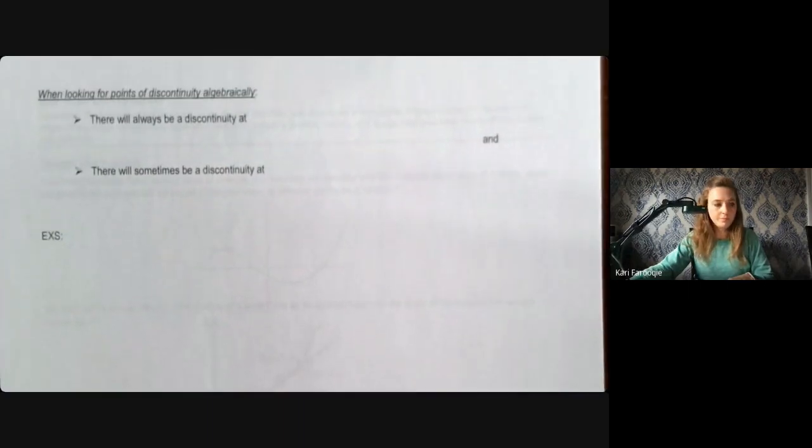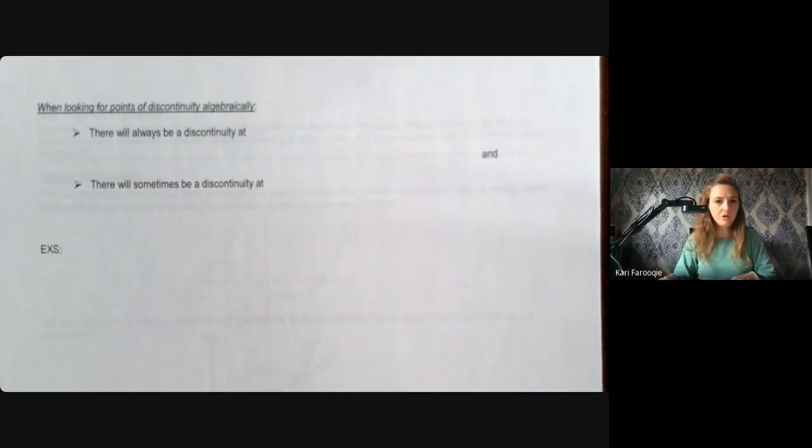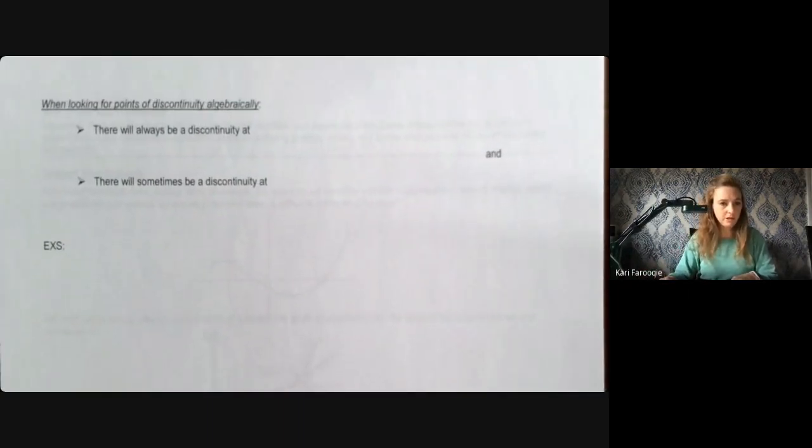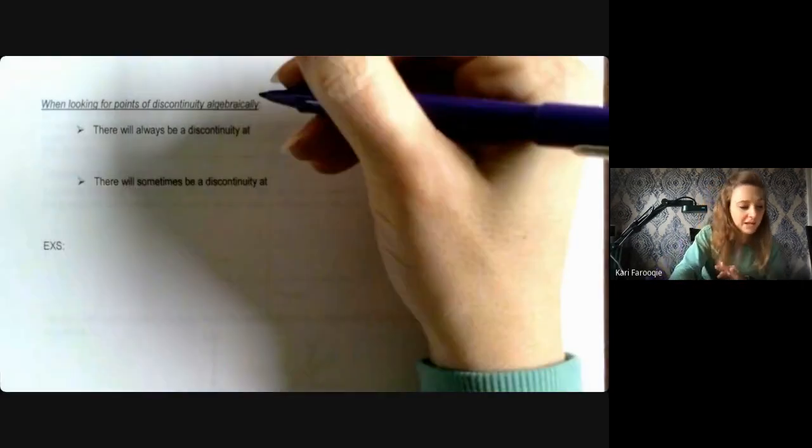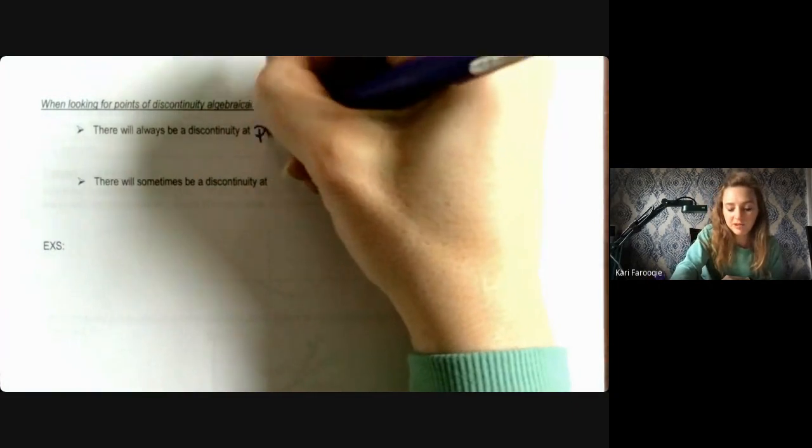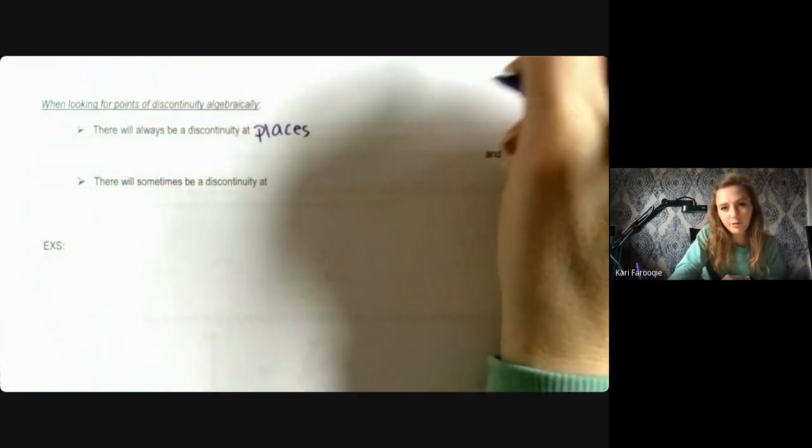All right, the last page here, I'm going to talk about continuity. When looking for points of discontinuity algebraically, there will always be a discontinuity at places where the denominator equals 0. I know I keep writing that over and over again, but it's important.